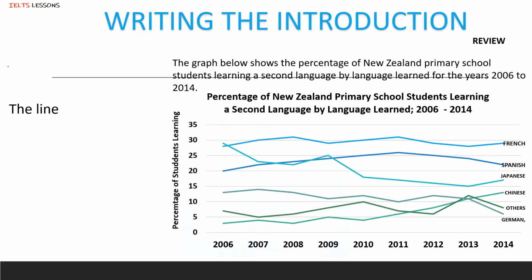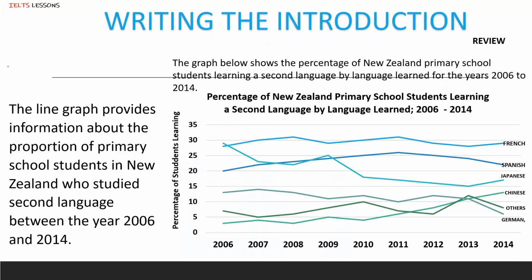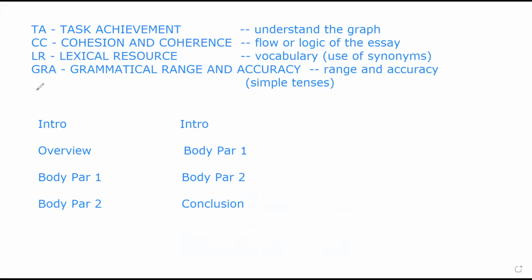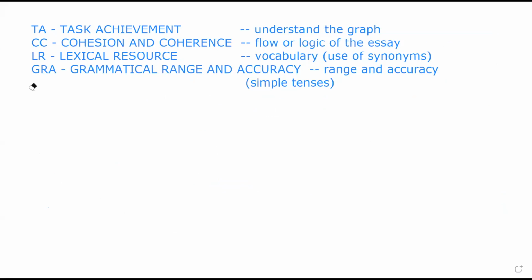So this is an example introduction. For the introduction, we simply have to use synonyms, or paraphrase. For writing task one, it's not complicated to write your introduction because we simply have to use a paraphrase.